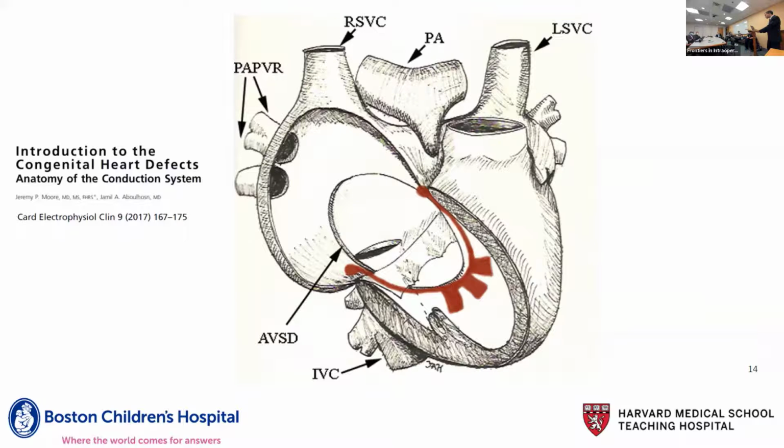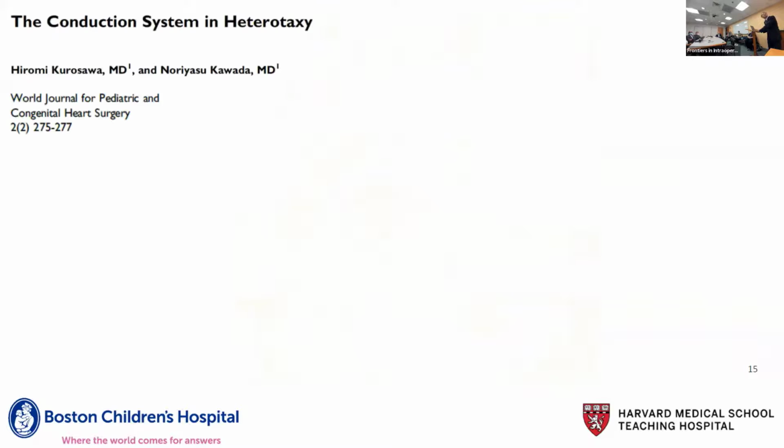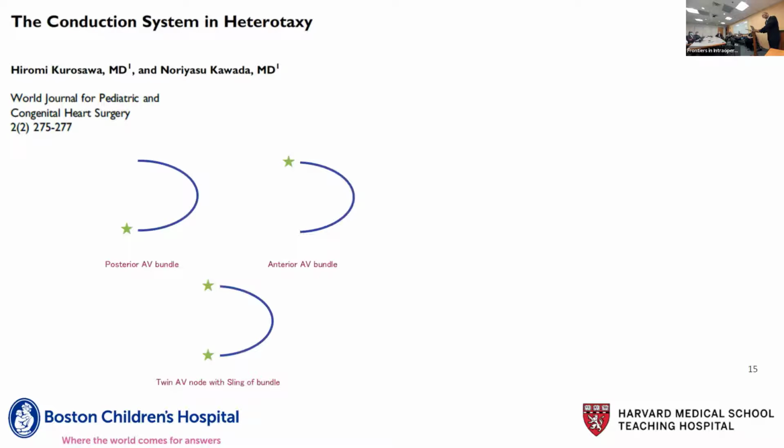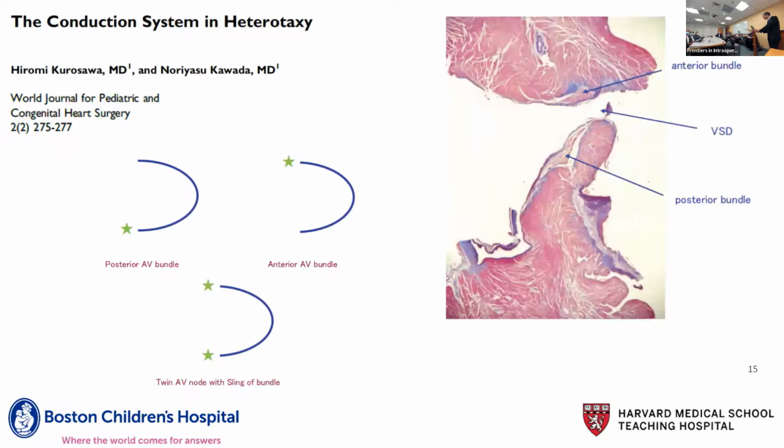As you can see, they can have an anterior and a posterior AV node with variable arborization of the bundle branches. And this was also shown by this Japanese group, where about 20% of these patients with heterotaxy can have posterior and anterior AV nodes.